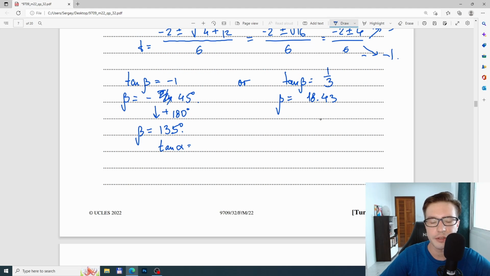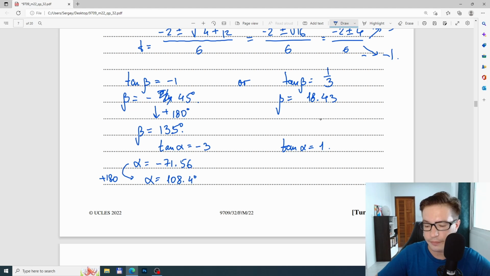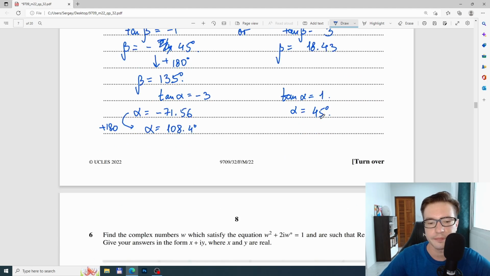So tangent alpha, minus 1 times 3 is going to be minus 3, or tangent alpha, a third times 3 is 1. So from here, alpha is going to be minus 71.56, which is again not in the range, so I'm adding 180. And I will get 108.4 degrees for alpha. And in this case, alpha is 45 degrees.